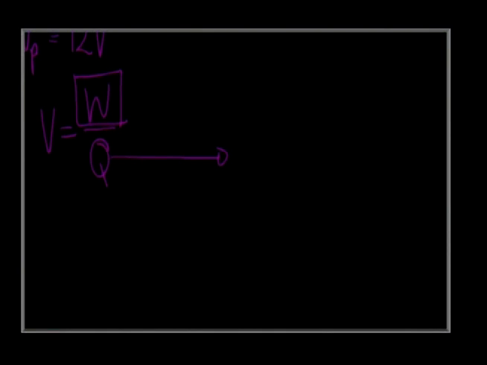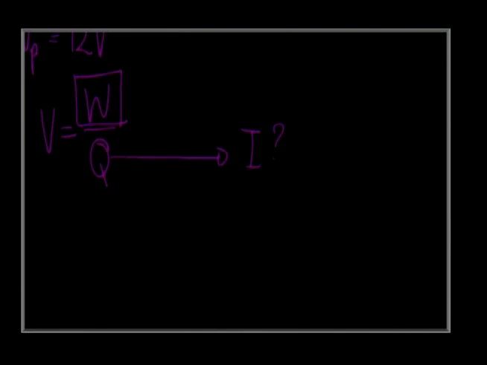The formula given to us is that potential difference is equal to the work done per charge. We want to find the amount of work. You can manipulate the formula, but charge is not given to us. We need to calculate the charge before we can substitute it into the formula.